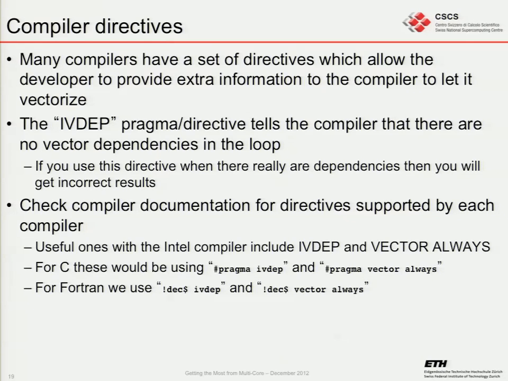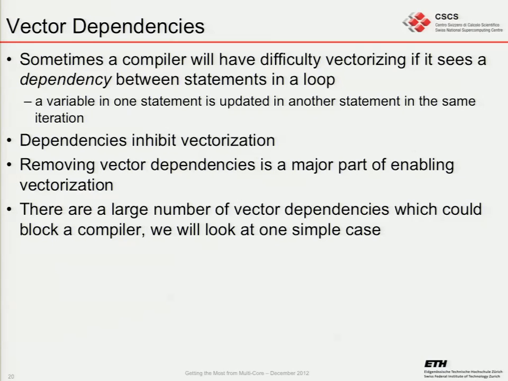So that's compiler directives. Vector dependencies. We'd met before a brief little example. If a compiler sees a dependency, then it will say, I can't do this. I can't do anything about vectorizing with dependencies.